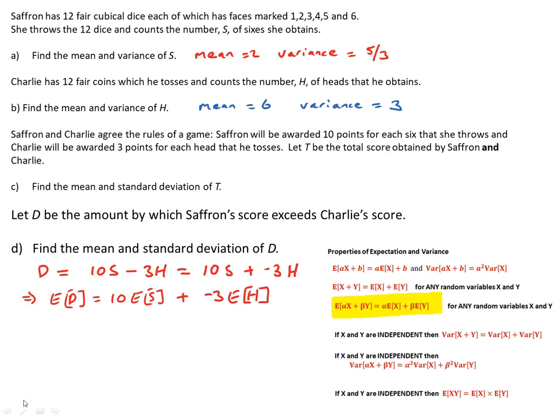In other words, the expected value of D is going to be 10 lots of the expected value of S plus minus 3 lots of the expected value of H. So that is 10 times 2 plus minus 3 times 6. In other words, 10 times 2, take away 3 times 6, which gives us 2.